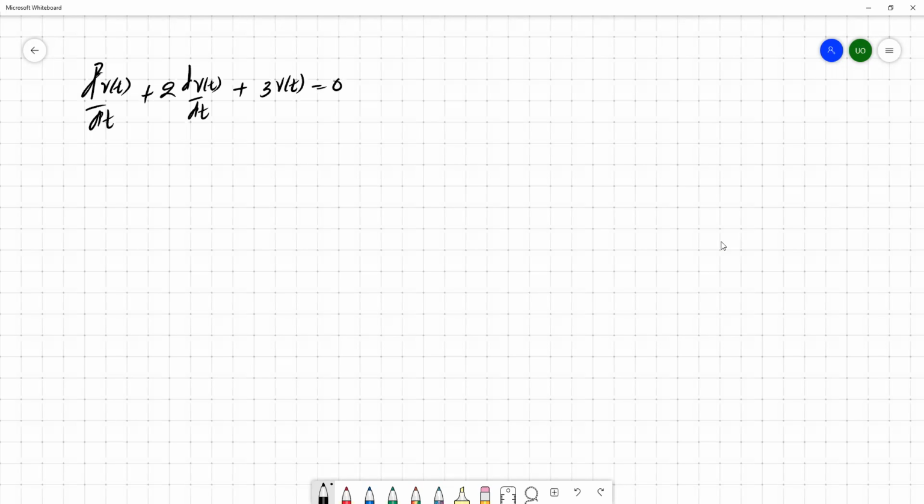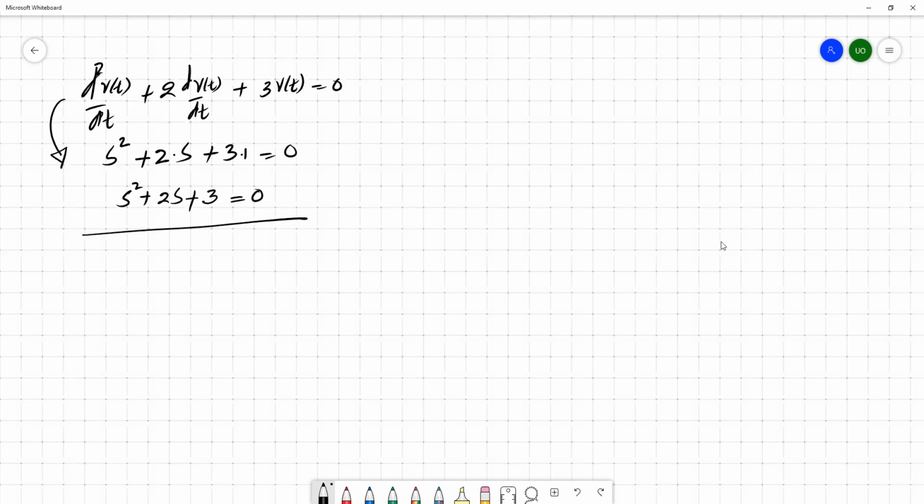To get the characteristic equation, the second order derivative is replaced with s to the power 2, then 2 times s for the first order derivative, then 3 for the zeroth order derivative. So this is the characteristic equation. This is how you can easily get it.